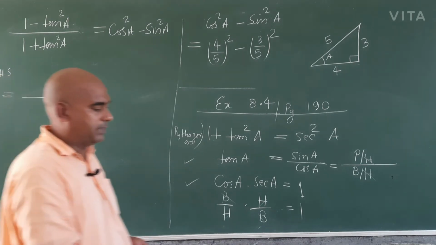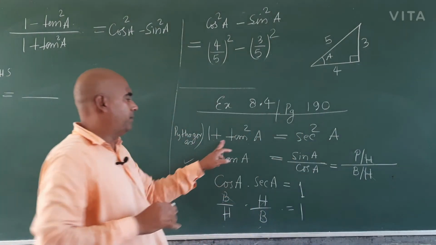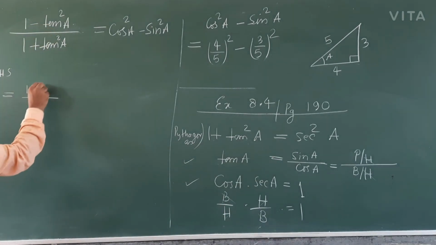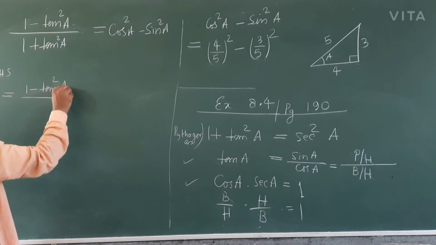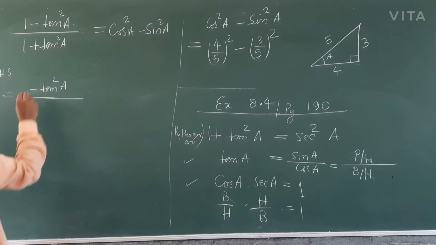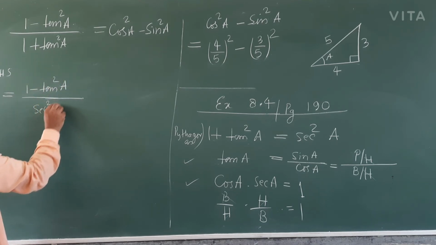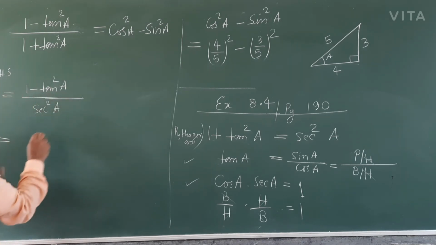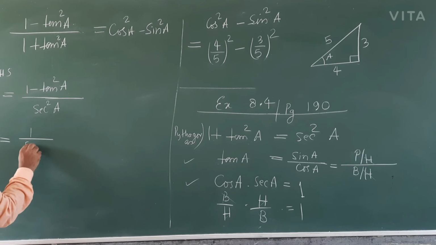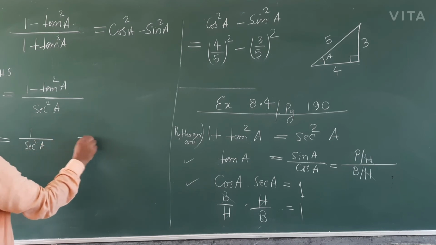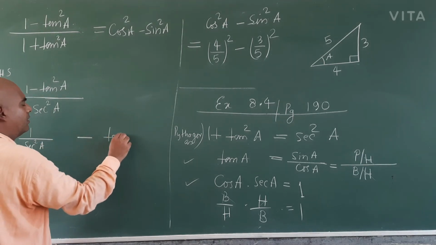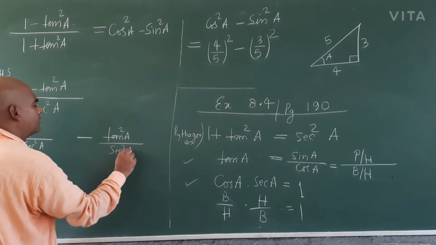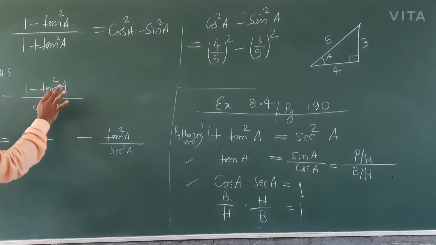So first, Pythagoras theorem: 1 plus tan square A is equal to sec square A. So 1 minus tan square A will be as it is, but 1 plus tan square A will be sec square A. After that, the separation of the fraction: 1 upon sec square A minus tan square A upon sec square A.